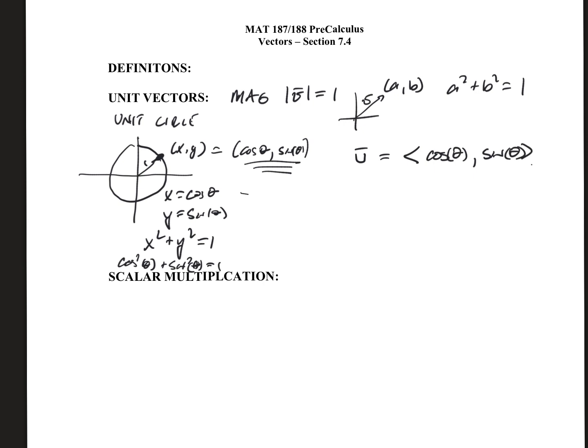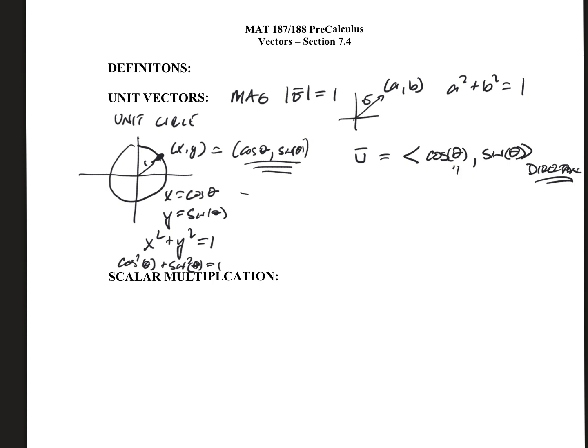As I alluded to in the last video, this gives us direction. So our unit vector gives us the direction in which my vector quantity is heading, again maybe the speed of an airplane, the force due to gravity, or the force I'm applying to something.